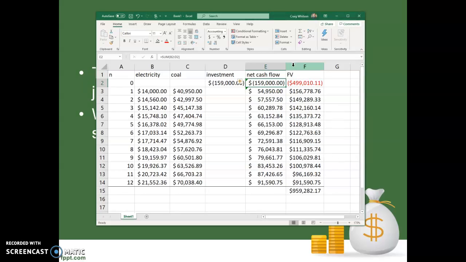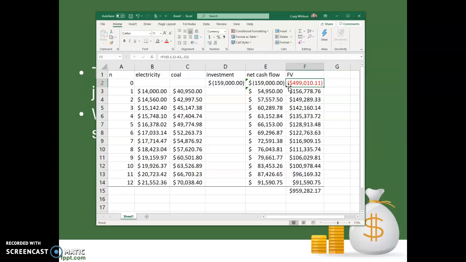So what we then did is set up a column here for the future value of all of these. And I had to make sure to include a negative sign here because Excel likes to flip the sign of future and present values. So if we put in a present value of negative, it would return a positive value here.